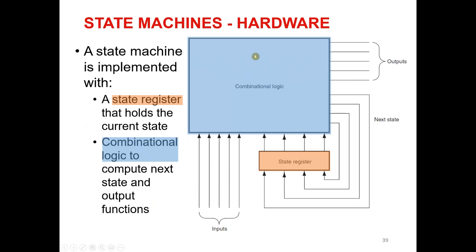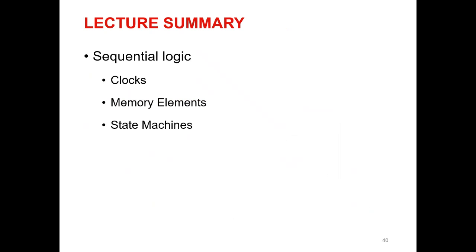This is the hardware representation of a state machine. This is what I wanted to show you today: how, using all the information we have seen in these lectures regarding logic design, we can build internally what is inside the computer.